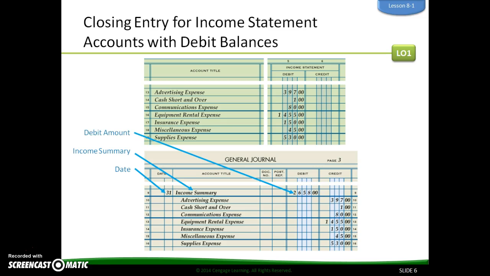So this is our income summary. That's the total amount we're going to debit, and we total up all of the credits so that we can close this out.